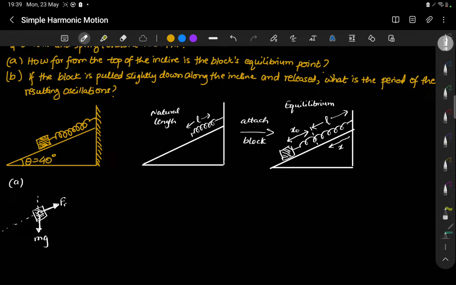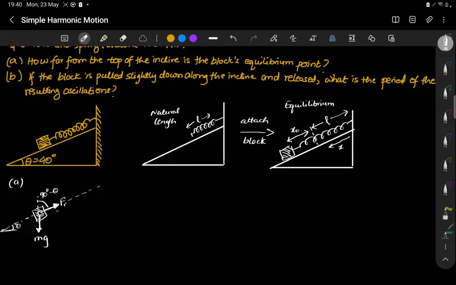So this is the inclined plane direction along which the restoring force is being applied by the spring on the block, and this angle we know is theta. So this angle right here would be 90 minus theta. This angle also here would be 90 degrees minus theta.